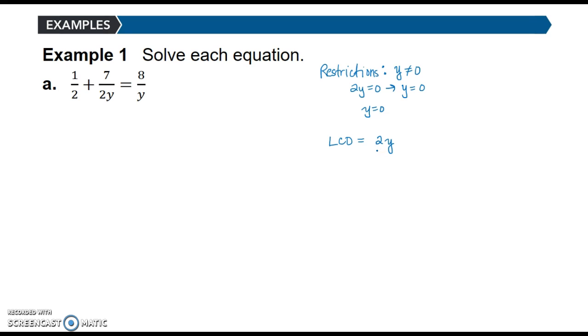So 2y is the smallest expression that each of these denominators divide into. Then we multiply each side of that equation by that LCD. And that really just means we multiply each term of that equation by the LCD.